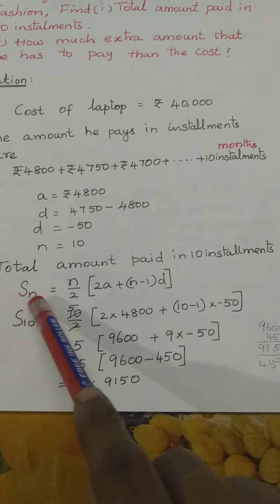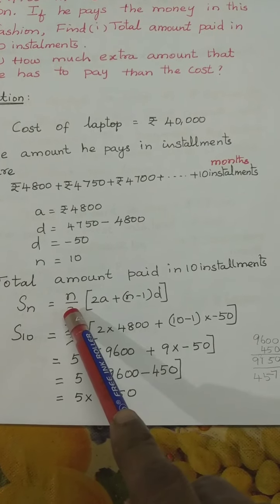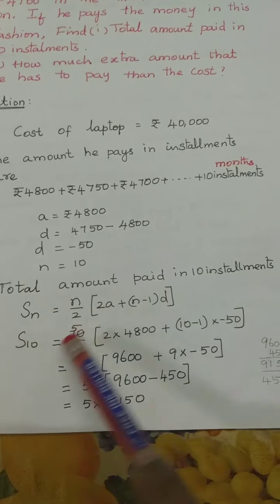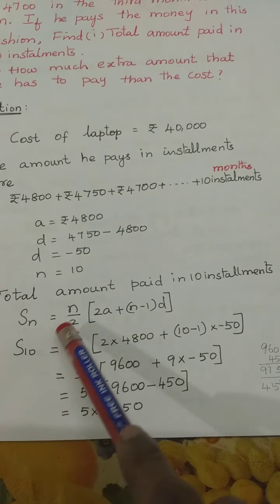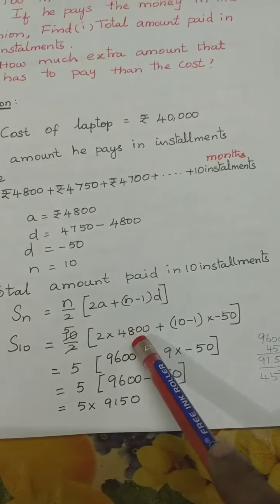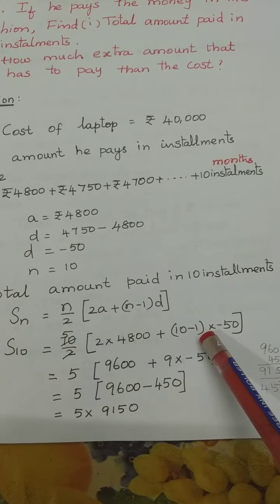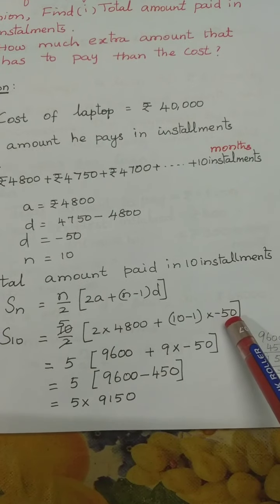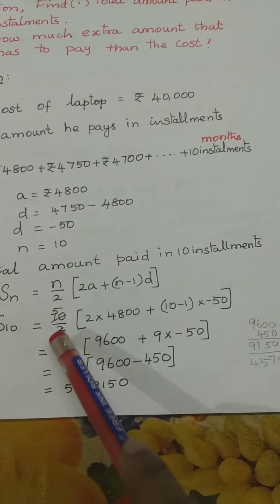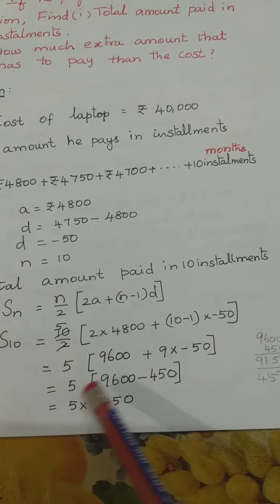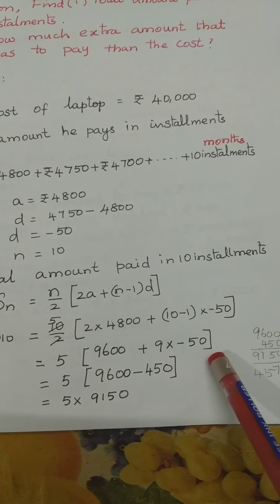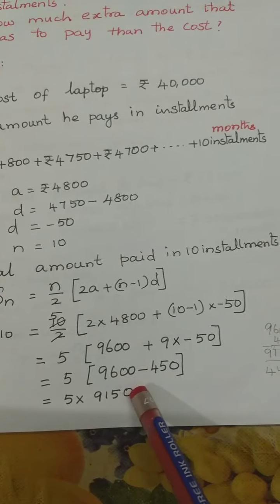Sn is equal to n by 2 into 2A plus n minus 1 into D. Sn is equal to 10 by 2 into 2 into A, which is 4,800, plus 10 minus 1 into minus 50. Multiplying this, we get 9,600. You can cancel these two 5. Then 10 minus 1 is 9, into minus 50, minus into plus comes minus.